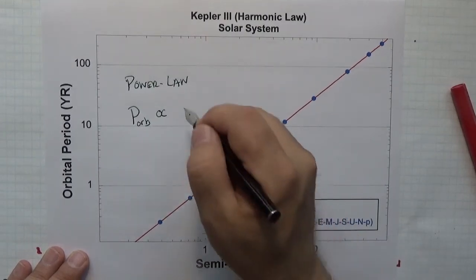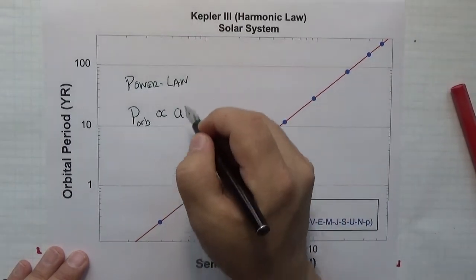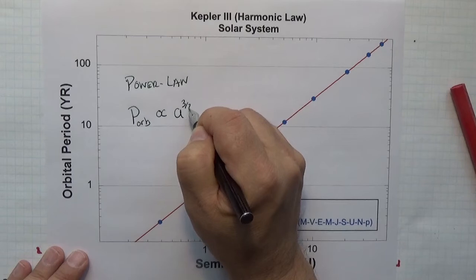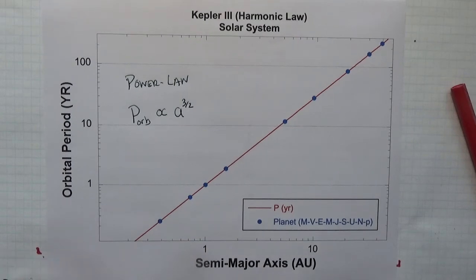On the x-axis we label semi-major axis A, and in this case the power is 3/2. So as you increase the size of the orbit, then the orbital period increases by that factor to the 3/2 power. So that's a power law.